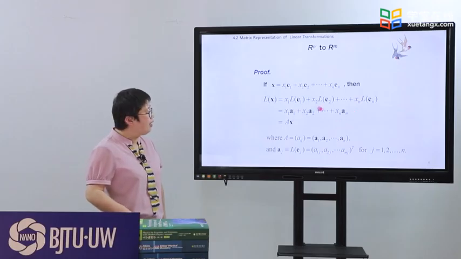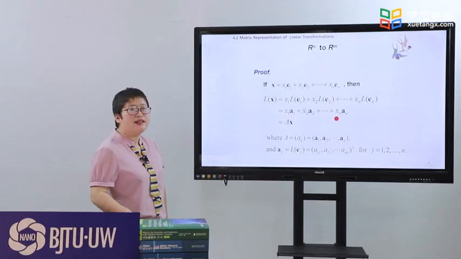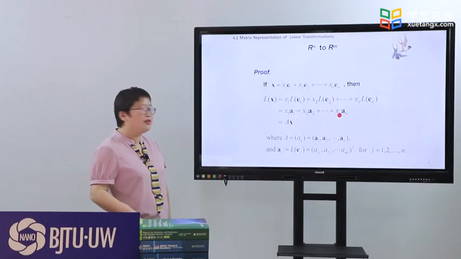If we have this, immediately we can write it as matrix multiplication. The matrix A is composed of a1, a2 till an as its n columns, and x is the column vector composed of x1, x2 till xn as its components.